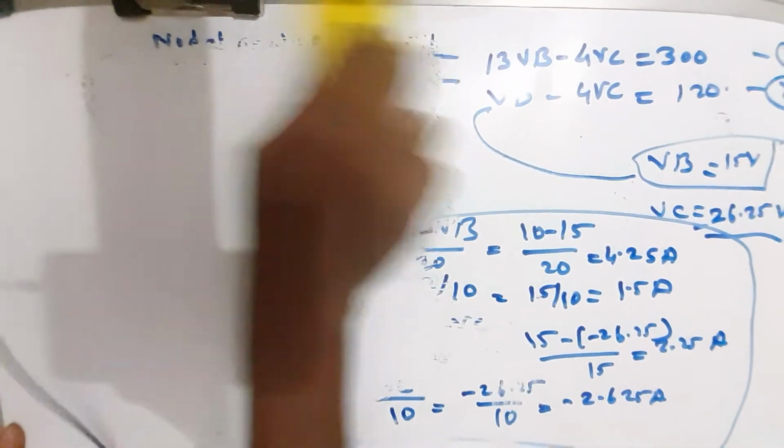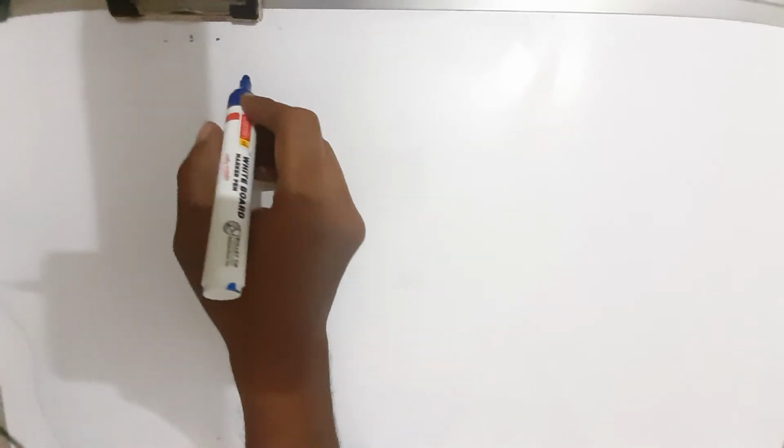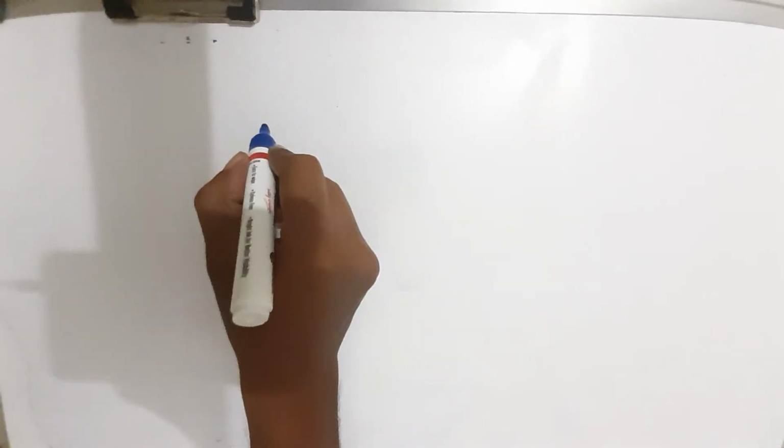Now I will give you one more example and some hints to solve the problems. This is a simpler method to find out the answer using nodal analysis. So nodal analysis is the simplest method to solve the problems. Okay. So for this one again I will give one more problem and I will write down the equations.